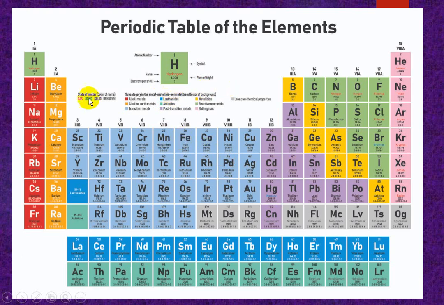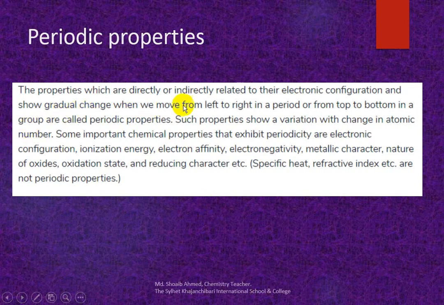In the periodic table, you know these things: group 1, group 2, group 3, 4, 5, 6, 7, 8, and also 13, 14, 15, 16, 17, 18, D block, F block elements. The definition of periodic properties: the properties which are directly or indirectly related to their electronic configuration and show gradual change when moved from left to right in a period or from top to bottom in a group are called periodic properties.